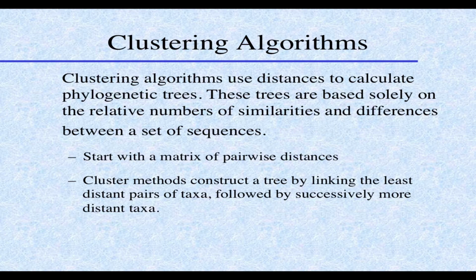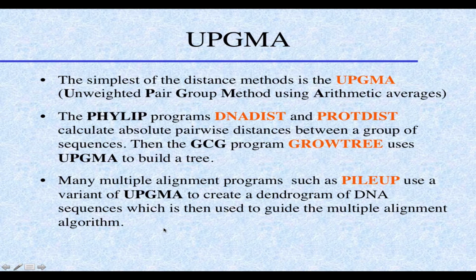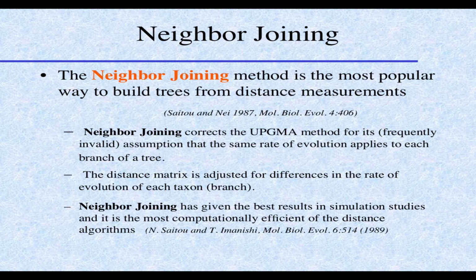Okay, I'm not going to take too long to talk about how clustering algorithms work, but when you're starting with a distance matrix, it's relatively simple. They construct a tree by linking the least distant pair of taxa followed by successively more distant taxa. The most common and actually best clustering method is called neighbor joining.